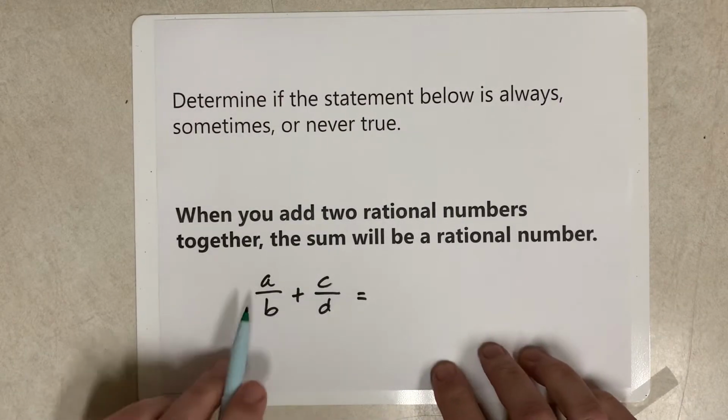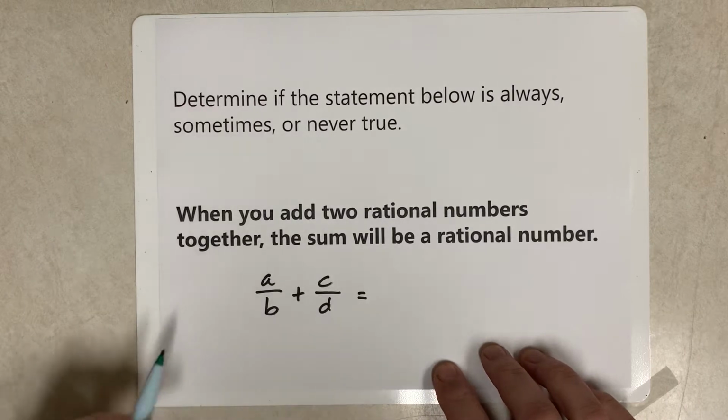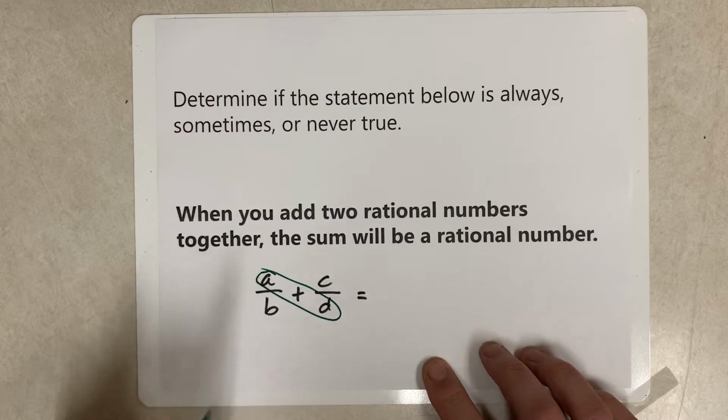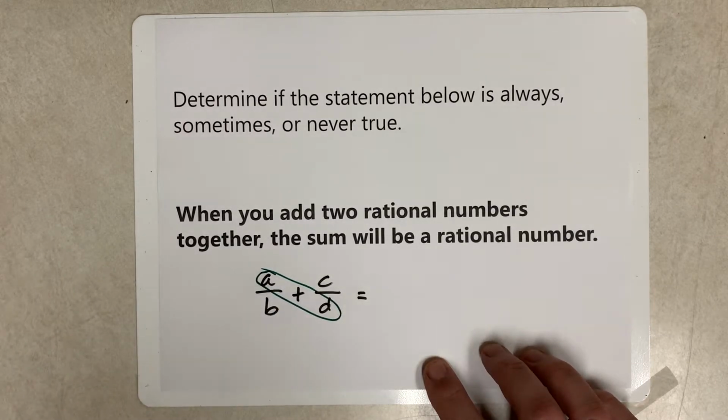So if you add these two rational numbers together, the sum, what you do is you take A and D and multiply them together.